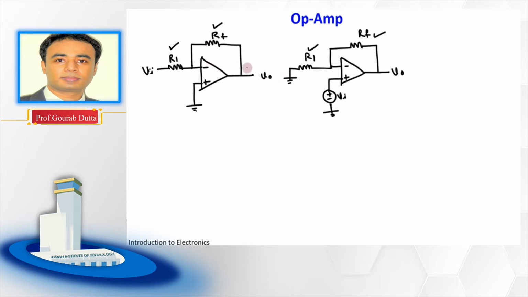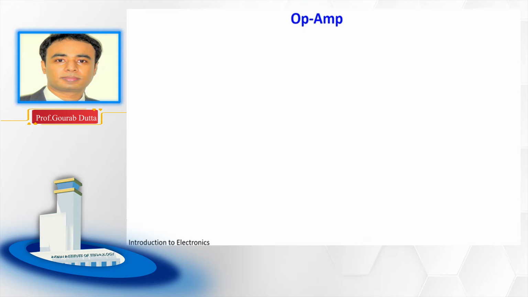Let us now use some other electronic circuit components as well and try to estimate the gain as well as the relation between the output and input. So for that, let us go to the next page and start our discussion on a different circuit, which is known as the integrator.